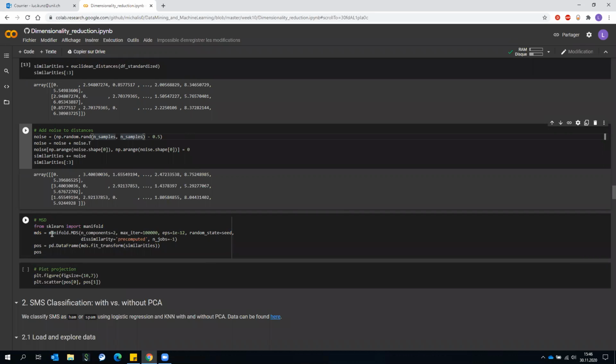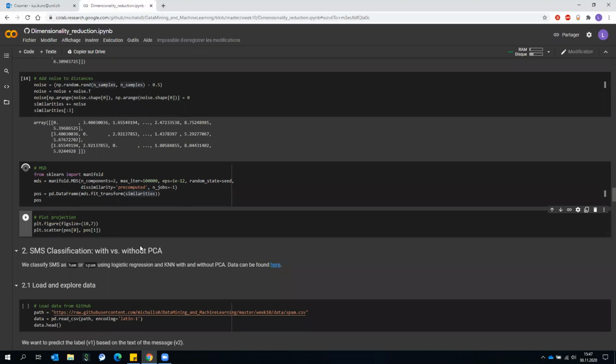And I ran this multi-dimensional scaling with 2 components again, and some other parameters, and I fit transform the similarities. That's the main difference between PCA and MDS: MDS focuses on the distances, and PCA on the points. If I run this, it takes a bit of time.